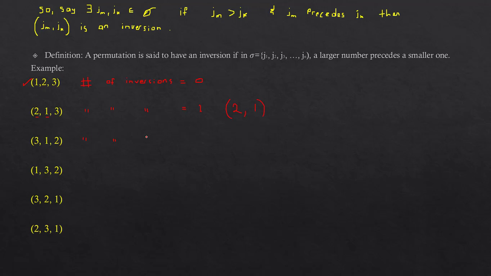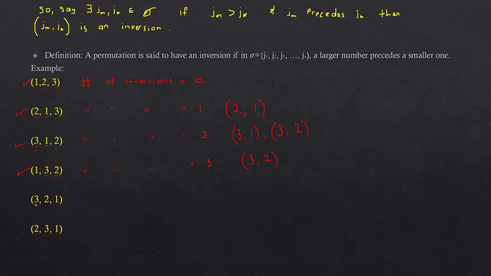Now for 3, we have 3, 1, 2, and the number of inversions is 2, so we have 3, 1 and 3, 2. Now for 4, we have 1, 3, 2. We have 3 being the larger number and 2 being the smaller number, so we have 1 inversion, and that's 3, 2.